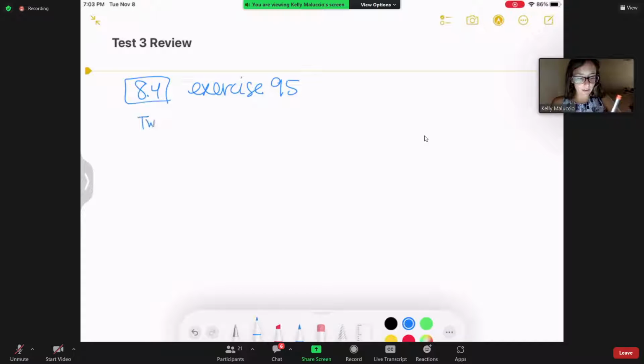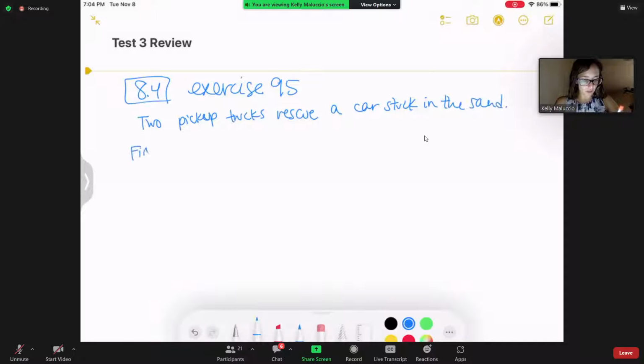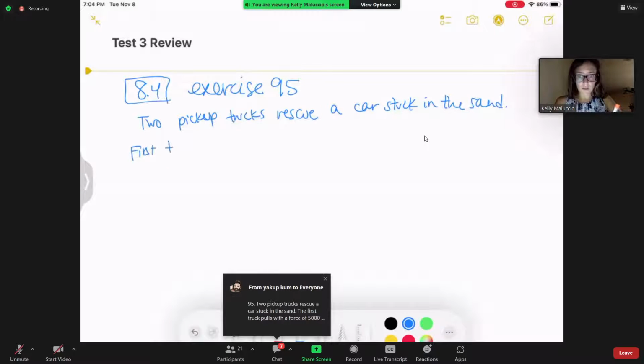I'm going to write it out, so bear with me. I should have prepped this better. Two pickup trucks rescue a car stuck in the sand. Thank you, Jakob, for typing in the chat.